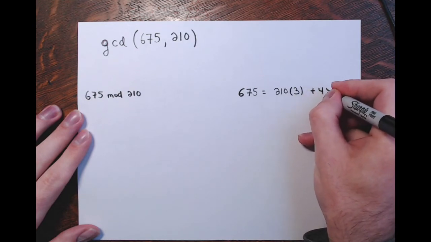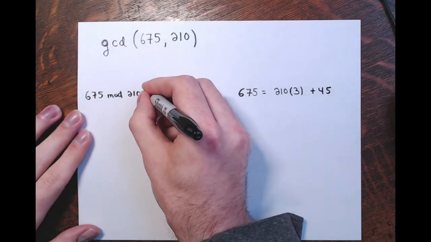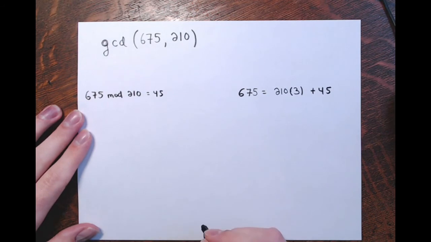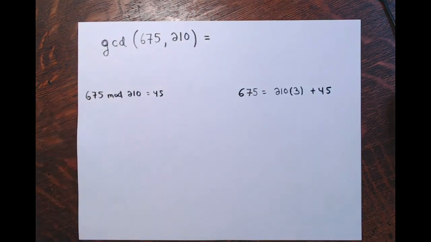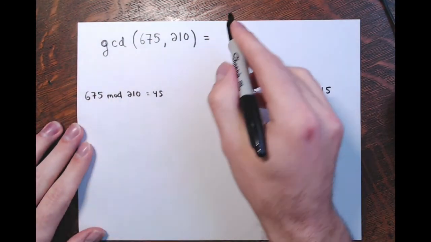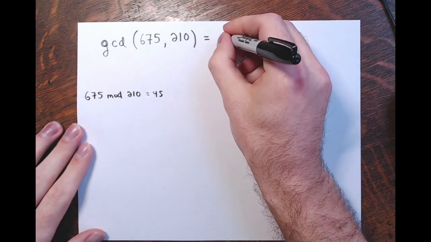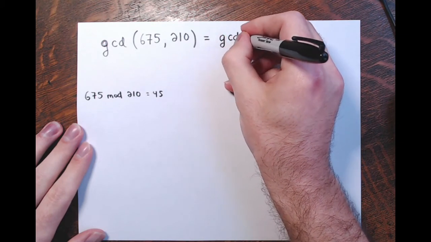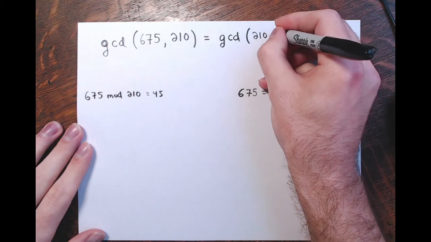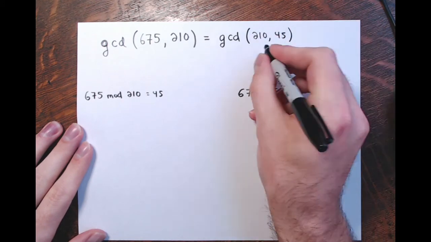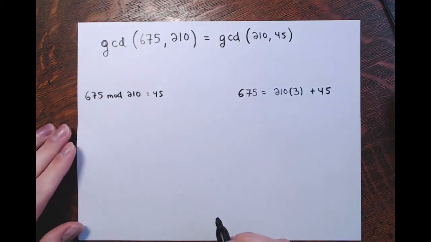So 45 is the remainder. And then again, by that greatest common divisor theorem earlier, the greatest common divisor of 675 and 210 would be equivalent to the greatest common divisor of 210 and 45. All right, so now I'm working with 210 and 45.